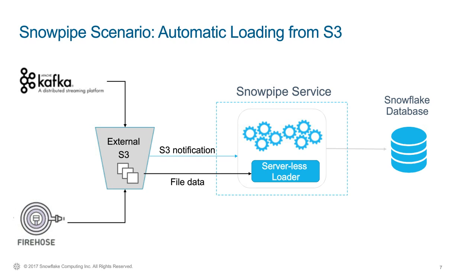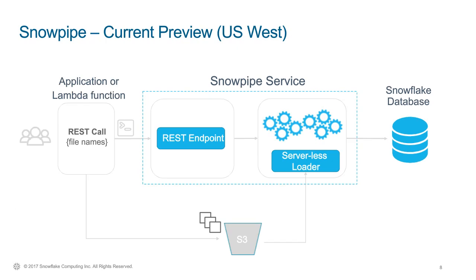The following slide shows you an illustration of the current preview with the REST calls. On the left-hand side, you see your application. This can be an actual application that you're running somewhere, for instance, on a virtual machine, but it could also be code that you're running in an AWS Lambda function. And that Lambda function or application then takes care of placing the load files in the S3 bucket.